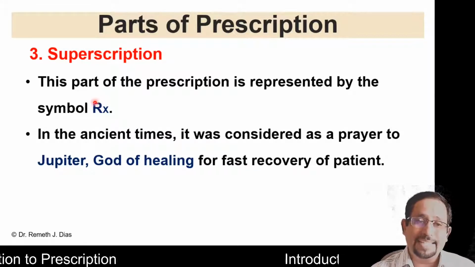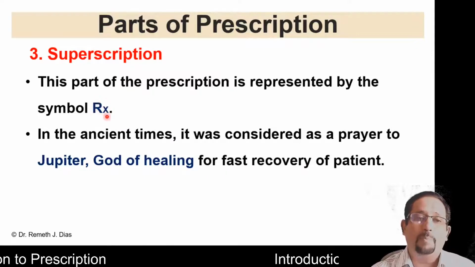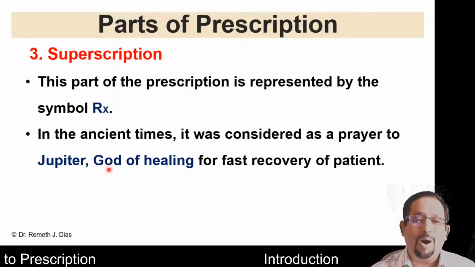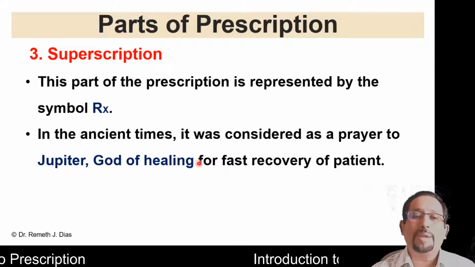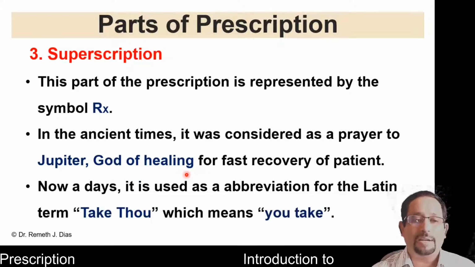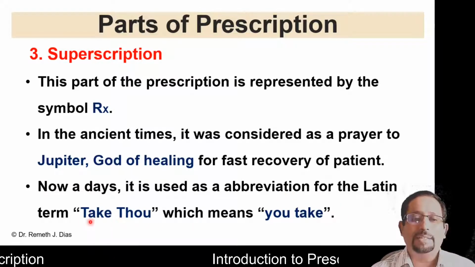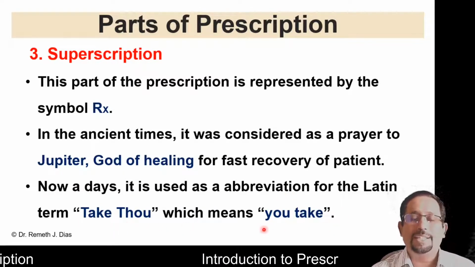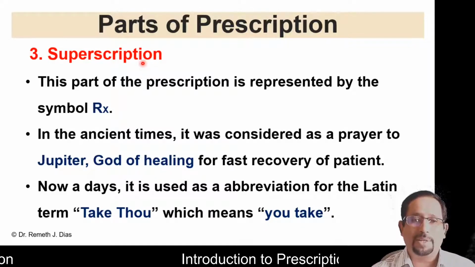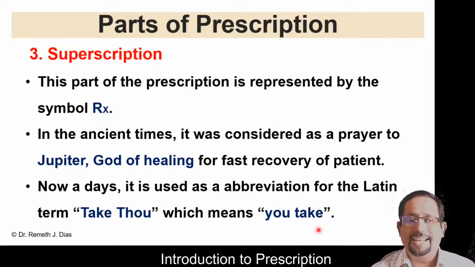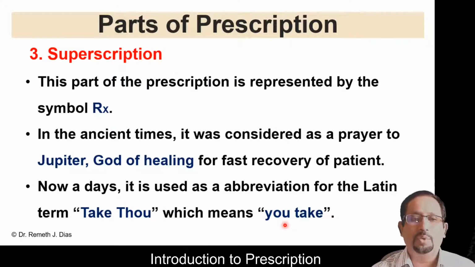So this is nothing but invocation of blessings of God on the prescription so that the patient can be healed very fast. But nowadays this is considered as an abbreviation for the Latin term 'take thou', which means you take. Superscription is either the invocation of the blessings or a Latin term you take.